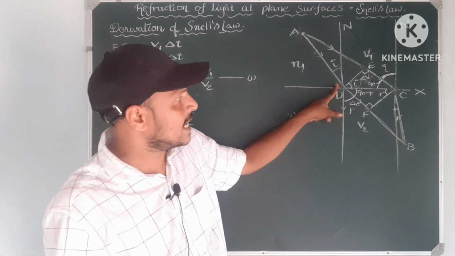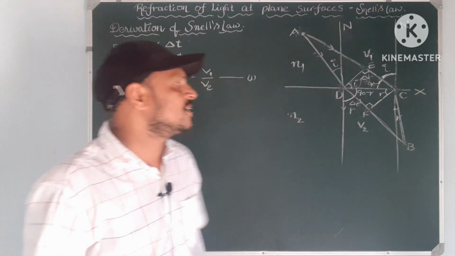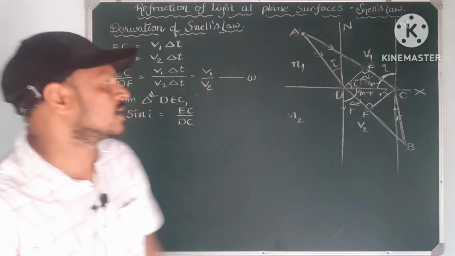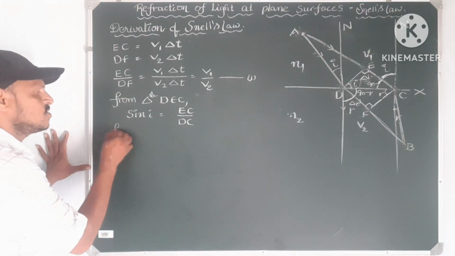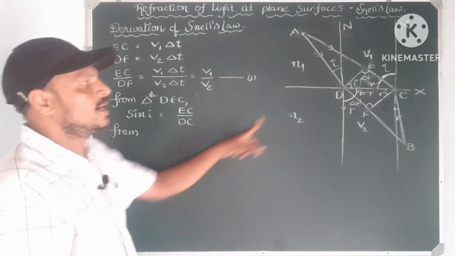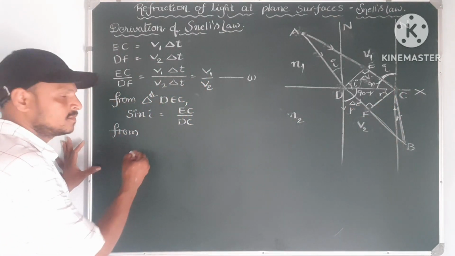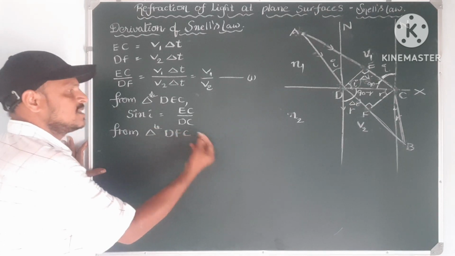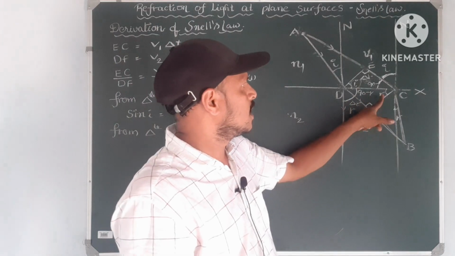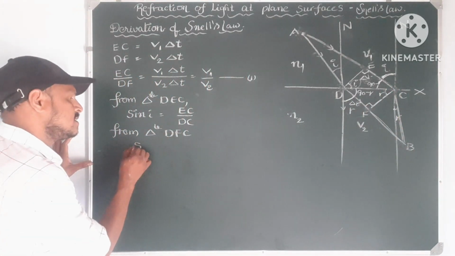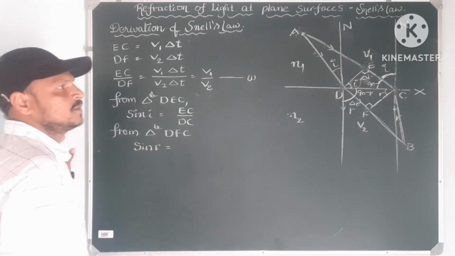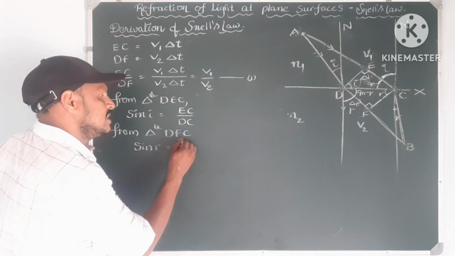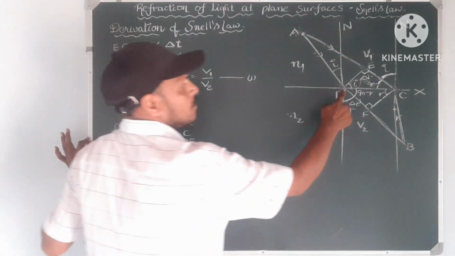And from triangle DFC, this is the angle R. So sine of R, from triangle DFC, is equal to the opposite side to R, which is DF, by hypotenuse DC.